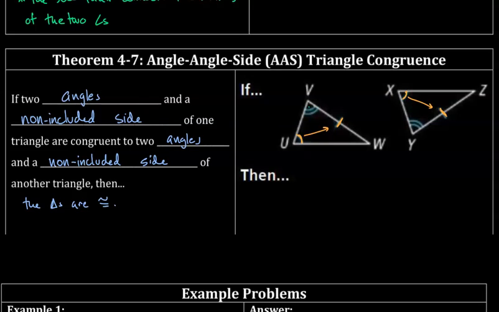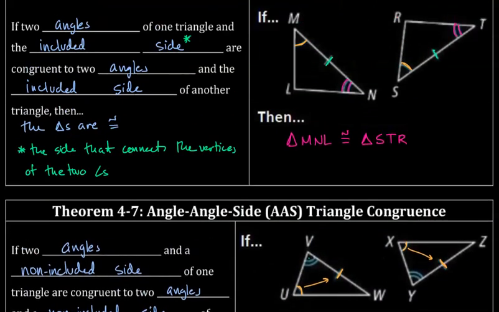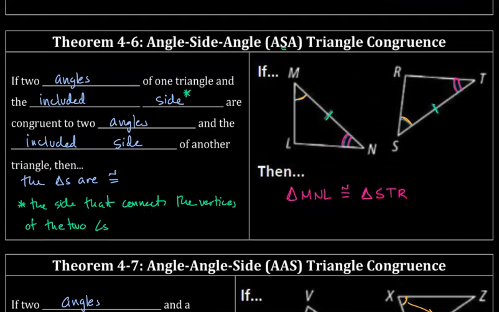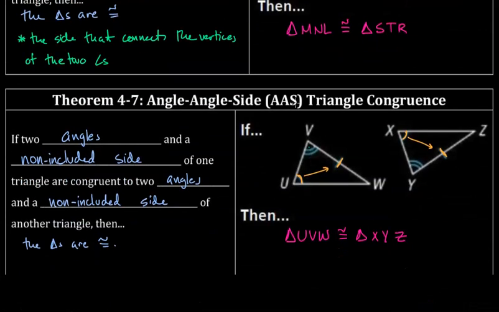So when we see that in that picture there, we know that triangle UVW would be congruent to triangle XYZ. So U would go with X, V matches with Y, and W matches with Z, right? And the reason why we know this would be true is because if ASA works, then AAS will also work.